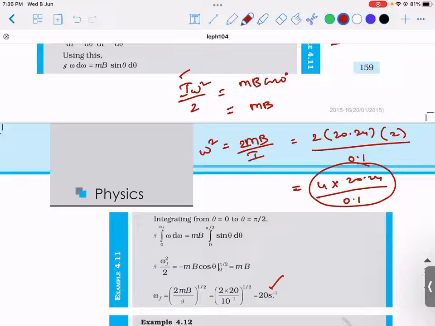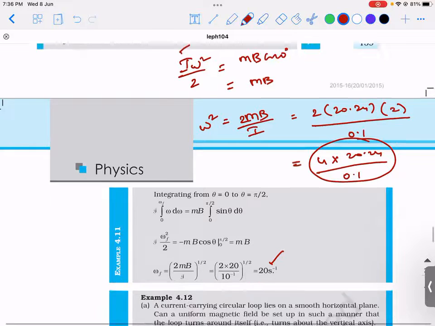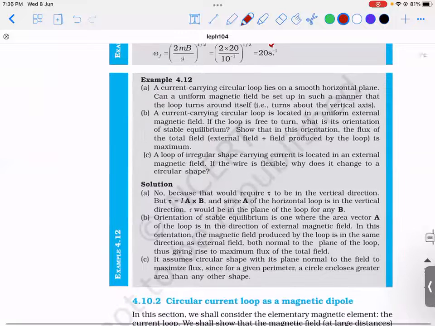So try the next one. Example 4.12. A current carrying circular loop lies on a smooth horizontal plane. Can a uniform magnetic field be set up in such a manner that the loop turns around itself?